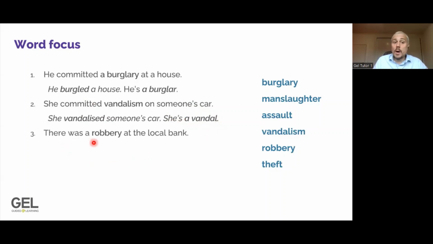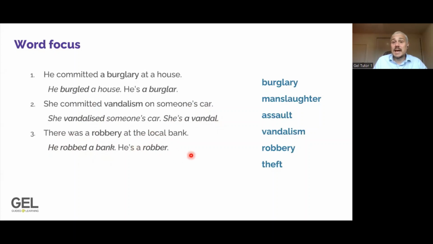There was a robbery at the local bank. He robbed a bank. To rob is the verb form of robbery, and we need a noun afterwards. He robbed a bank. The noun to describe the person who did the crime is a robber.